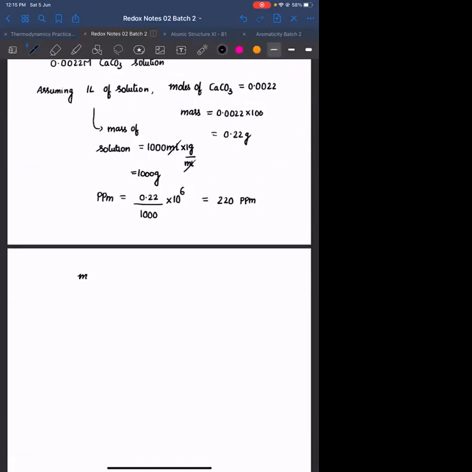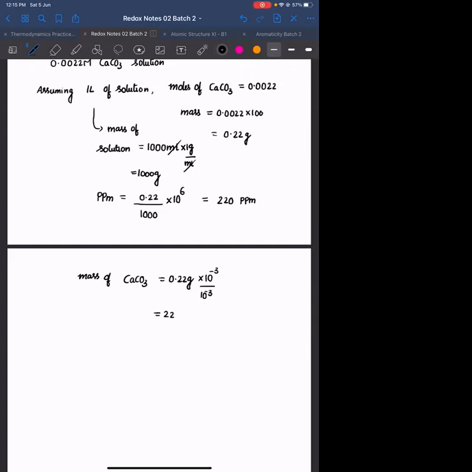What is the mass of CaCO3? 0.22 grams. Can I write this in milli? I need to multiply this by 10 raised to minus 3 and divide by 10 raised to minus 3. 10 raised to minus 3 grams is nothing but milligram.